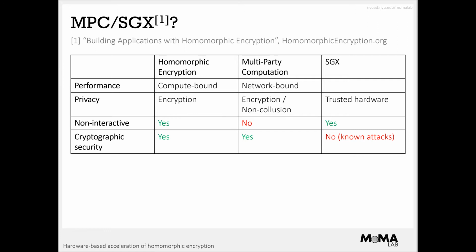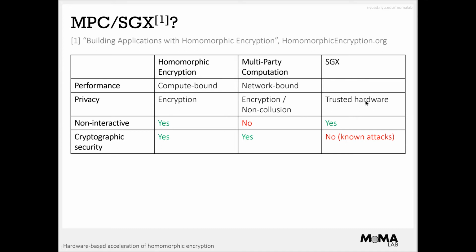But the big difference is that multi-party computation is network bound, so it assumes communication between parties, and it also assumes that there's no collusion between parties, right? And it's interactive. Homomorphic encryption is more of a fire and forget, right? You send it to the cloud, you forget about it, you get the result back, you decrypt, you see the result. There's no interaction needed between the parties. You have your data somewhere else, you leave it there, you only get back whatever you need, whenever you need it.